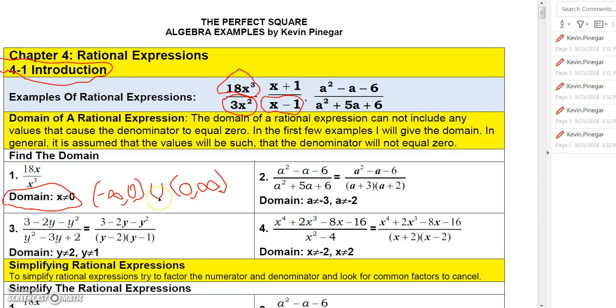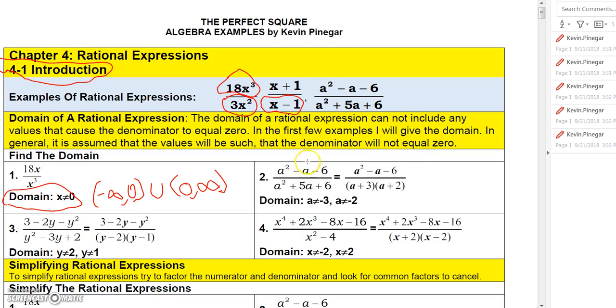And of course this is the union symbol. Basically this just shows you everything on the number line except 0. Since these are parentheses, it implies 0 cannot be included. So I won't do this on the rest of them, but if your instructor wants you to write the domain using interval notation, then you need to be aware of that.